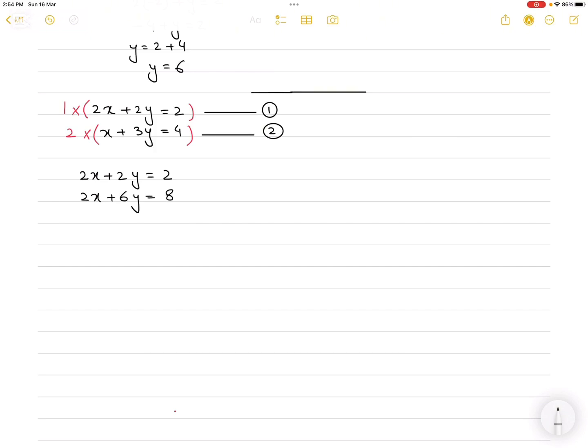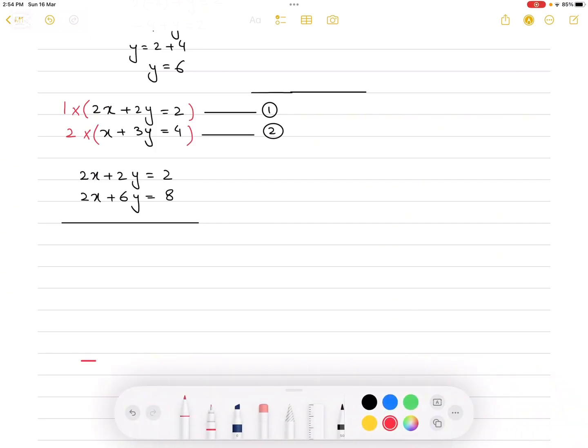Now I have made the variable x the same, like 2x in equation 1 and 2x in equation 2. But their signs are also the same, so I have to change their signs to cancel them. So this is plus 2x, the opposite of plus is minus.